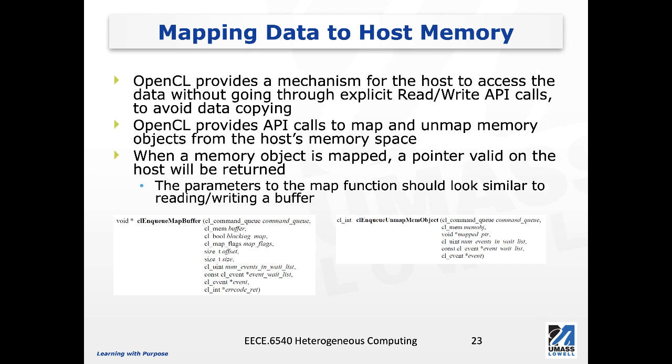We can use one other technique called mapping to make it easier to access data on the device. OpenCL provides such a mechanism for the host to access the data without going through explicit read and write API calls, and also to avoid data copying. And these APIs are called clEnqueueMapBuffer, and on the other hand, clEnqueueUnmapMemObject.